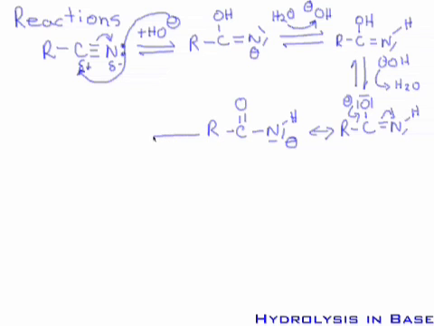And so we can have H2O come in again and donate a proton to the N. And you'll notice that part of the hydrolysis of a nitrile leads to what kind of functional group?